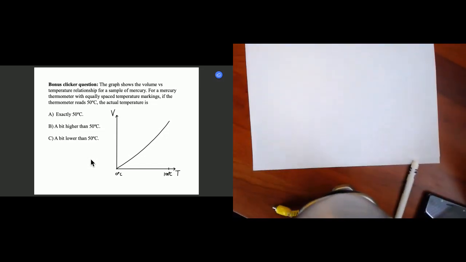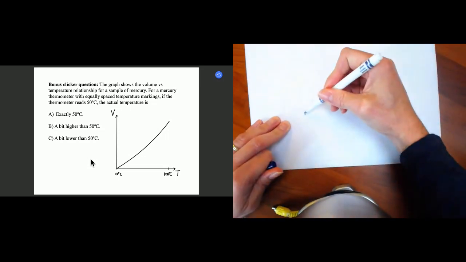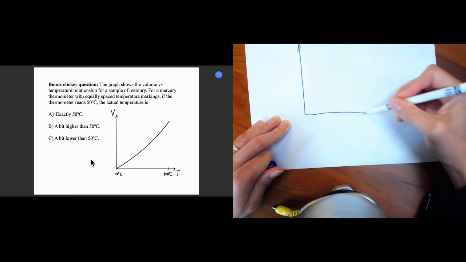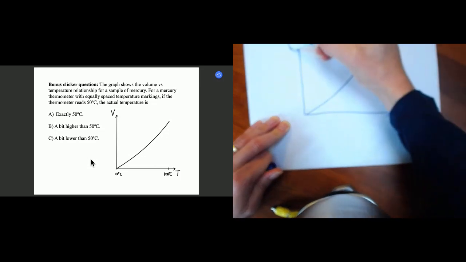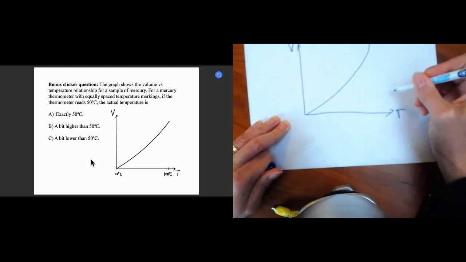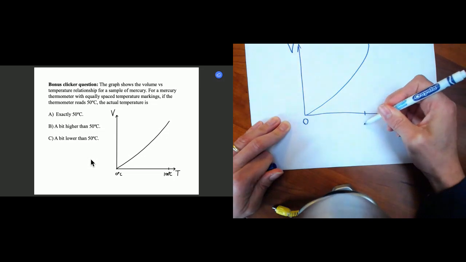Give me a moment, I'm going to get this up on another screen so I can make sure it's showing correctly. While we're doing that, I'm going to draw the graph that we had, the volume versus the temperature. I've exaggerated that a little bit. Let's say this is 0 and this is 100.